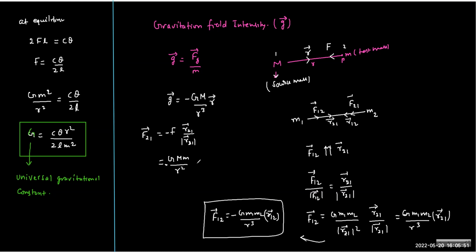So that's why I wrote this form. F21 in this case will be minus G capital M small m by R cube into R vector. So that's why the g at the point P we can define as F21 divided by m, and so the answer will be.